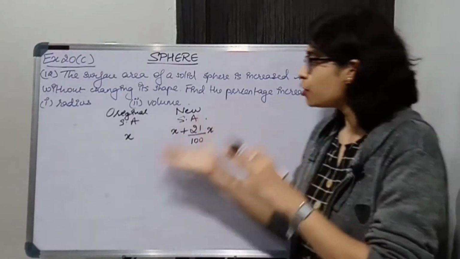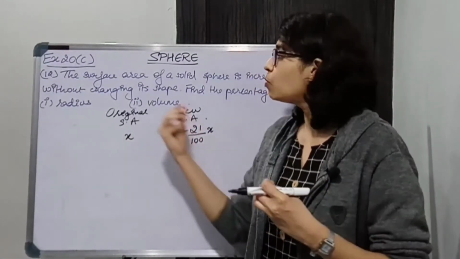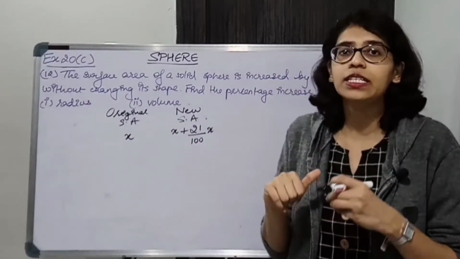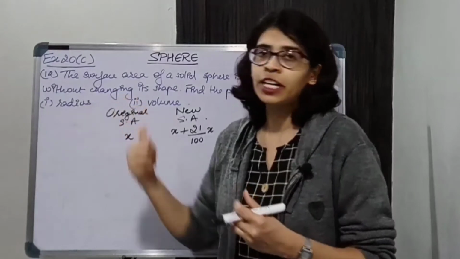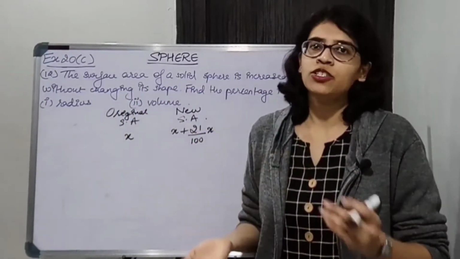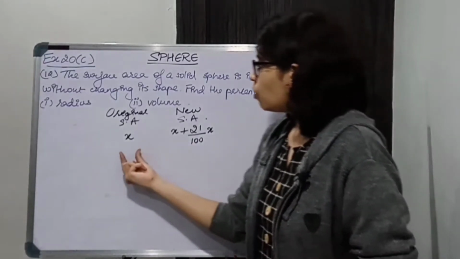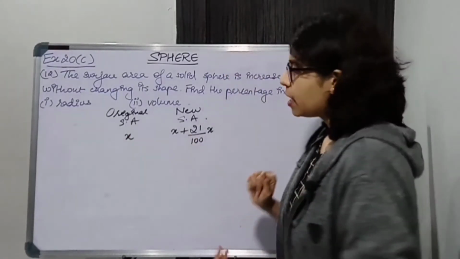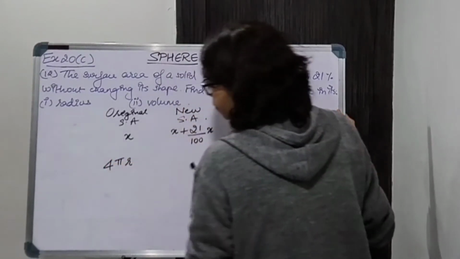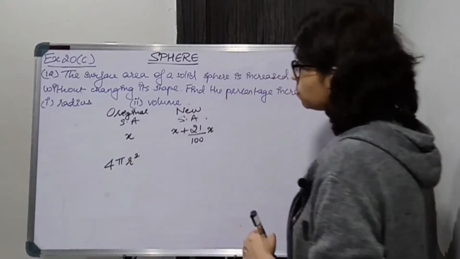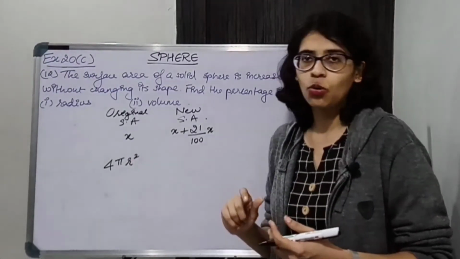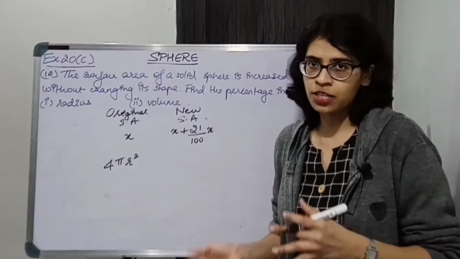We need to substitute the formula's value. Why? Because we want it in terms of radius. We somehow need to find the percentage increase in radius. And if we can find the percentage increase in radius, it will become easy to find the percentage increase in volume. So, what is the formula for surface area? It is 4 pi r square. Now the radius of the new sphere will be different. It is not going to be the same.